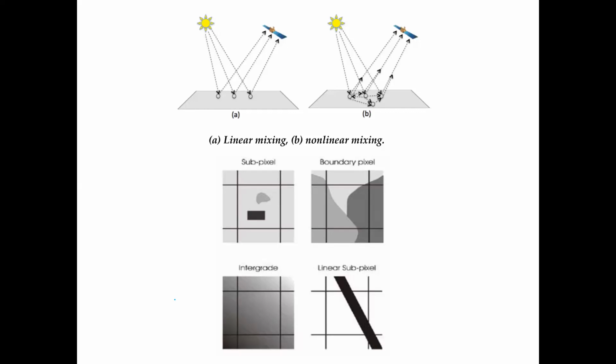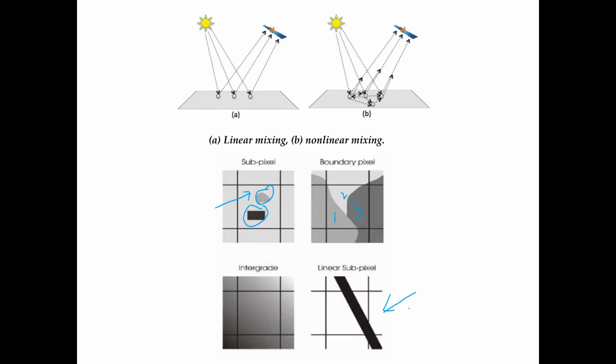Now, as you can see in the figure below, we are talking about what is a mixed pixel. Object 1, object 2, object 3, and the background: 3 objects mixing in one single pixel. And here, 3 boundaries, 1, 2, and 3, are mixing in a single pixel. Or let's see the example where we have a straight line passing through the pixel.